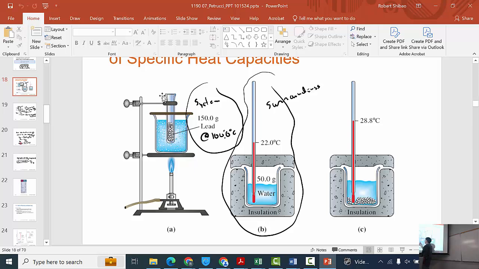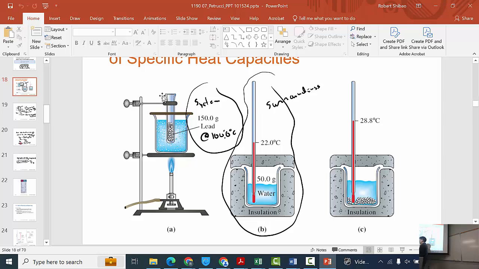So this one, what we call a system or surroundings, it doesn't matter. All you're looking at is for energy or heat to be transferred from one to the other. So sometimes we'll put this is our system, sometimes we'll put that. In this case, we'll just put the hot lead.